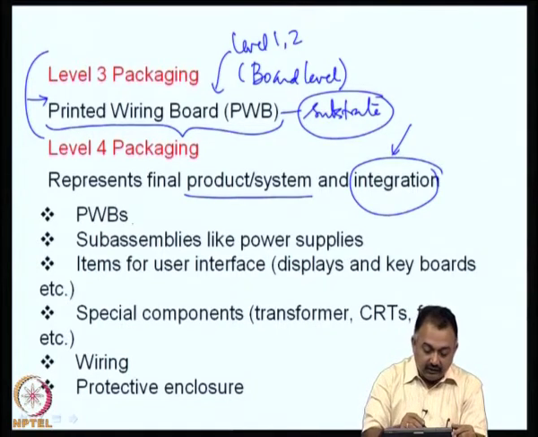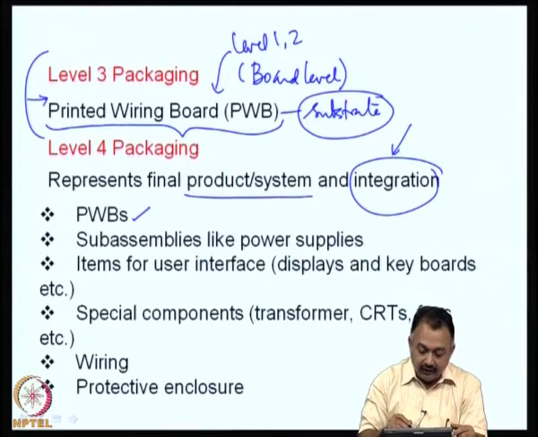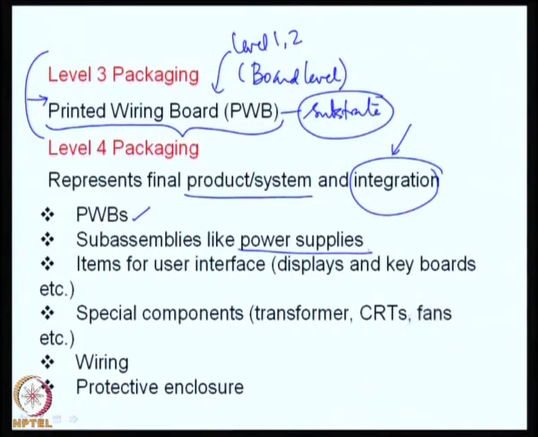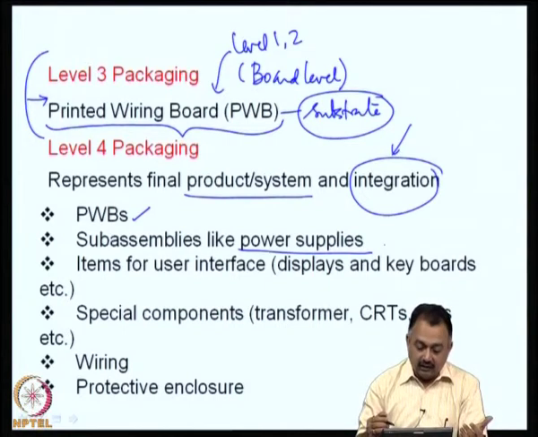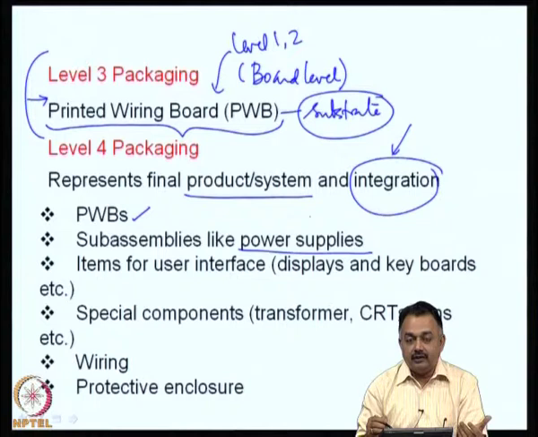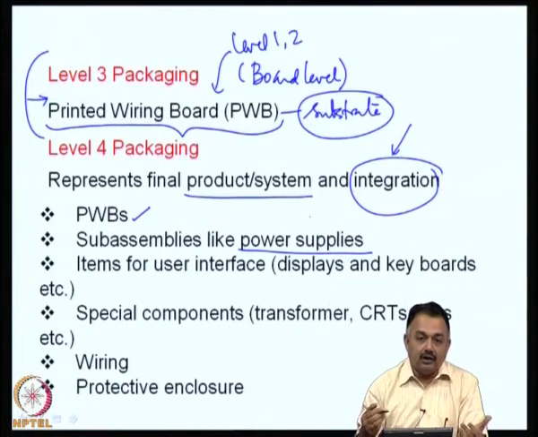So, in this you will deal with a lot of PWBs, you will deal with power supplies, like in a computer you see there is a motherboard, there is a graphics card, and then the important thing is your power supply, which is very important to run your system.